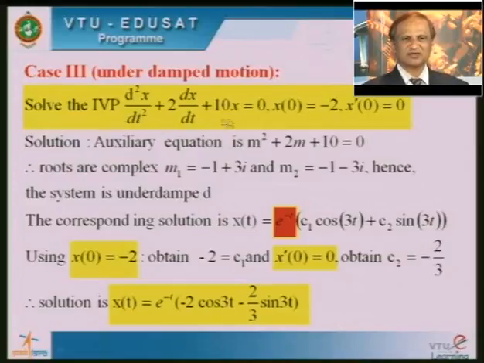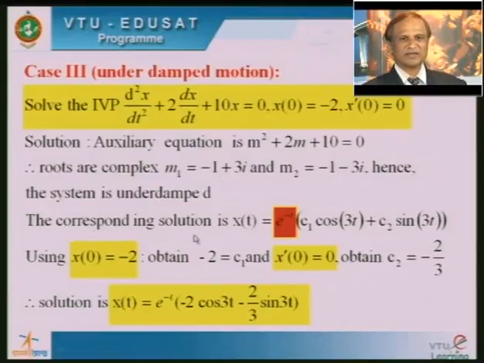First we write it in symbolic form, then replace capital D by m. I obtain m square plus 2m plus 10 is equal to 0. Therefore, the roots are complex, m1 is equal to minus 1 plus 3i, m2 is equal to minus 1 minus 3i. Is it clear? When you observe the roots, we come to know that the roots are complex.